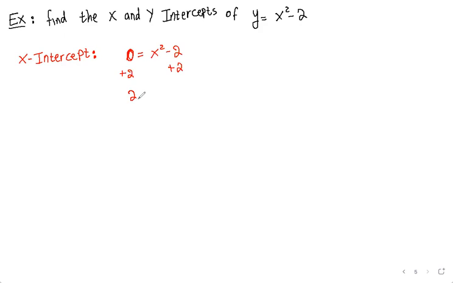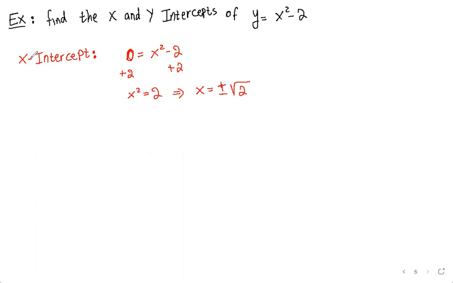So I get x squared equals 2. Then take the square root of both sides. I get x equals positive and negative square root of 2. Don't forget the positive and negative.